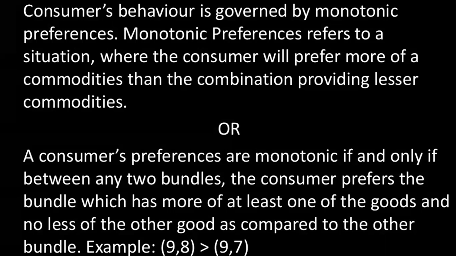A consumer's preferences are monotonic only when, between any two bundles, he prefers the bundle which has more of at least one of the goods and no less of the other good compared to the other bundle.